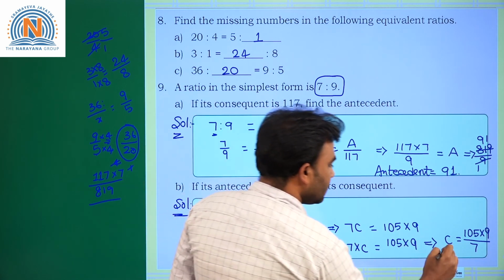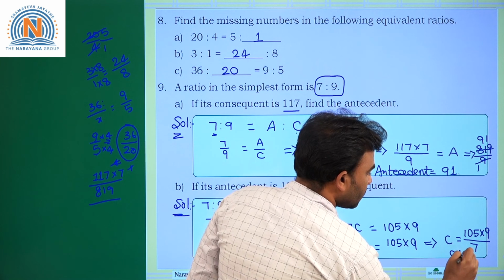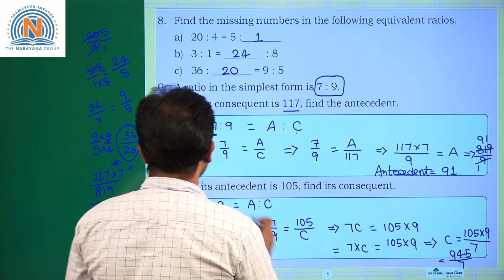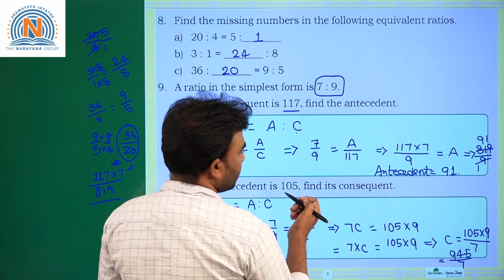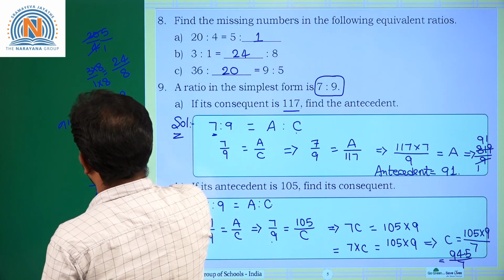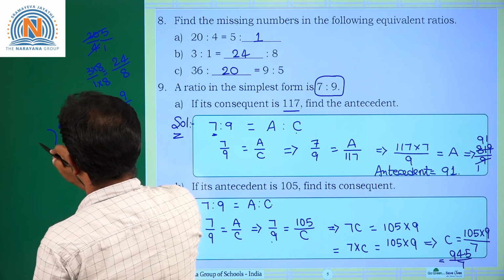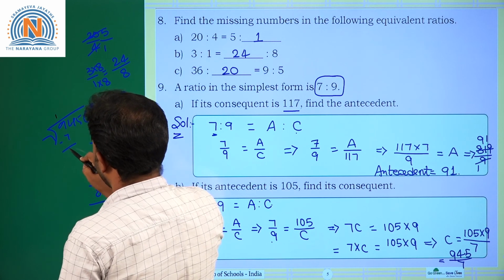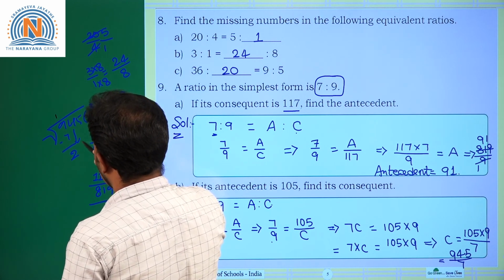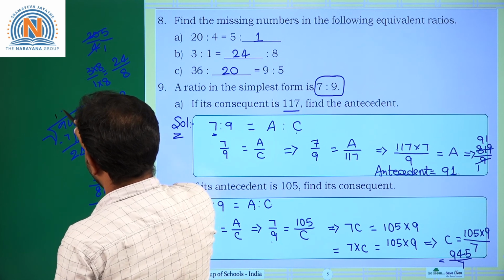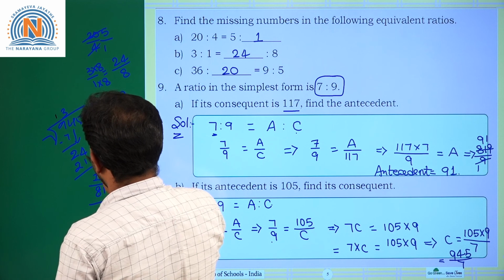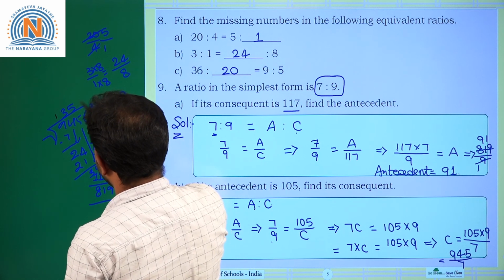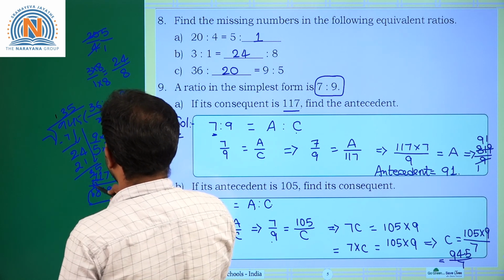105 into 9 is 945 by 7. Now divide 945 by 7. 7 ones 7, 9 minus 7 is 2, next bring down 4, 7 threes 21, next 24 minus 21 is 3, next bring down 5, 7 fives 35, so 35 minus 35 is 0.